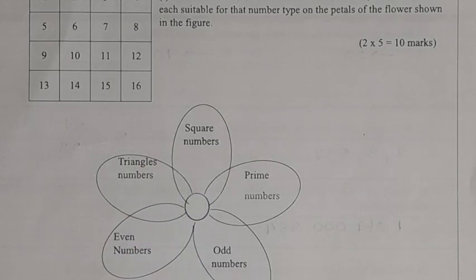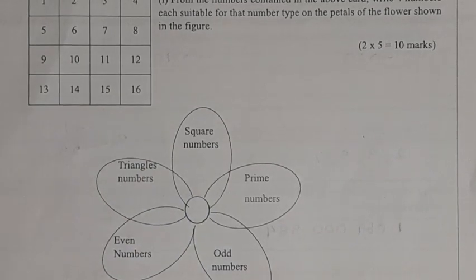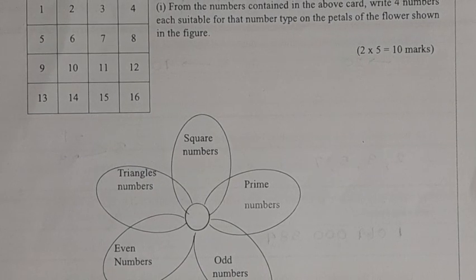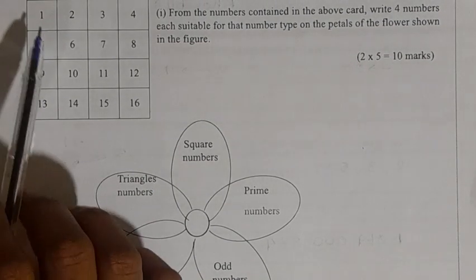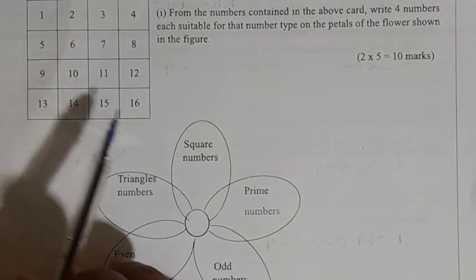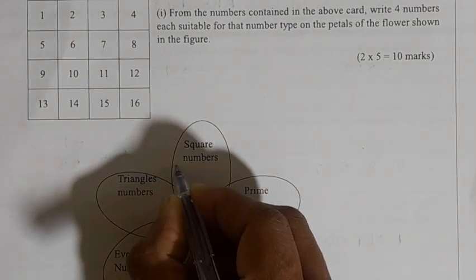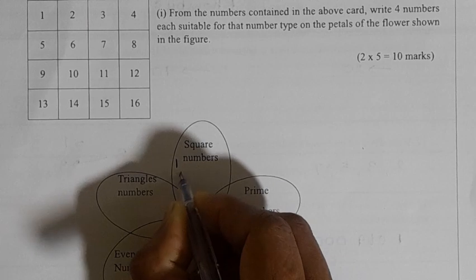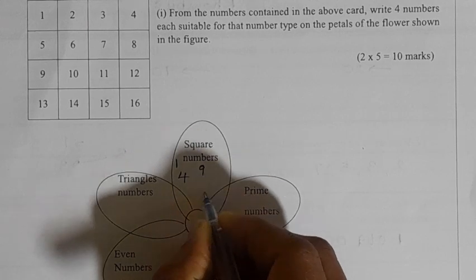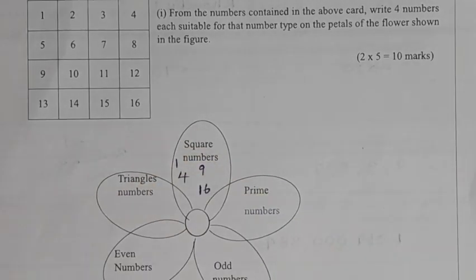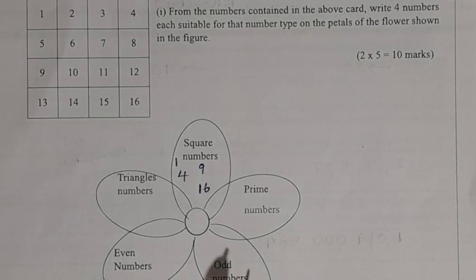First one, we are given square numbers. So what are the square numbers given in the box here? Square numbers 1, 4, 9 and 16. So I can write them: 1, 4, 9, 16. Then in the second petal, prime numbers.